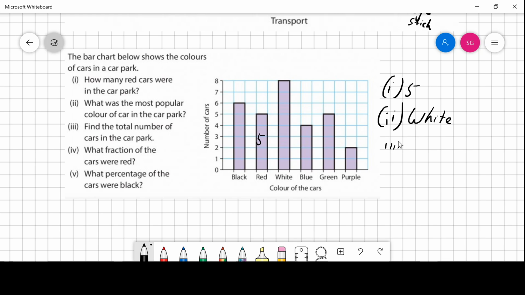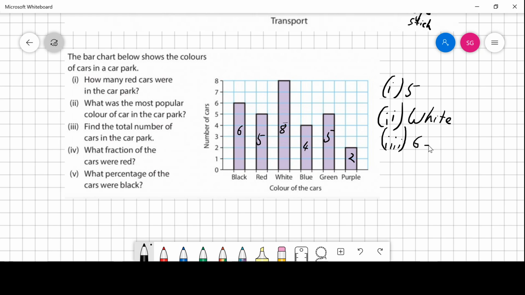3, find the total number of cars in the car park. Okay, how would we go about doing that? Well, we'd calculate out all the bars and then add them together. So we can see 6 take black cars, 8 take white, 4 people had blue cars, there were 5 green cars and 2 purple ones.